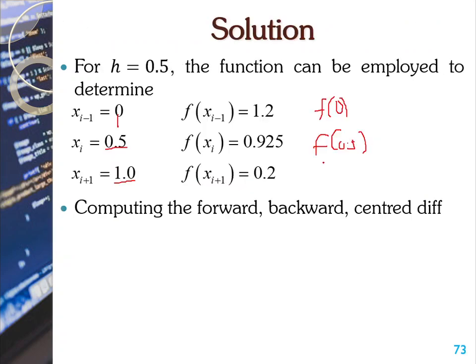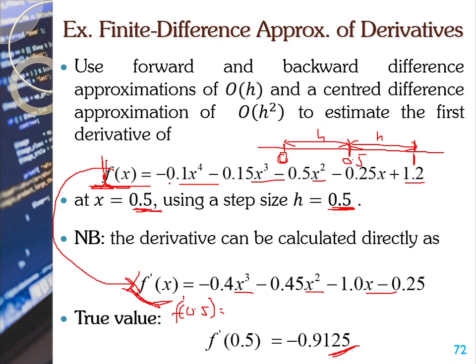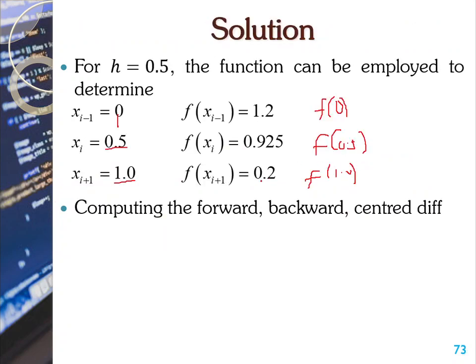Once we do that, we get 0.925. Similarly, we do the same for the last one, f of 1.0. We put x is equal to 1 for every x that we see, and doing so we get 0.2.